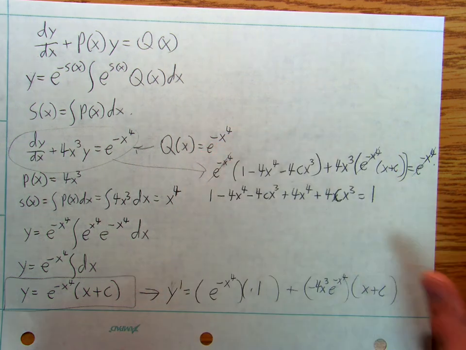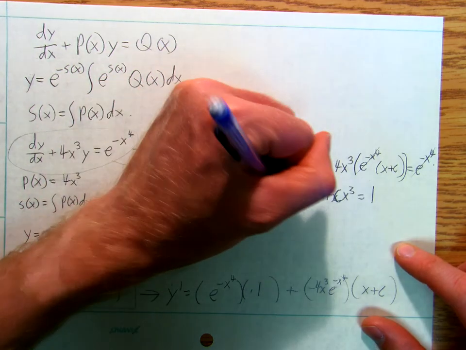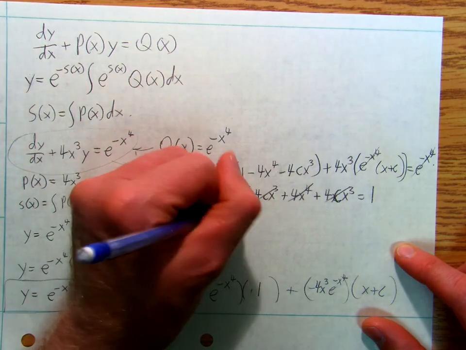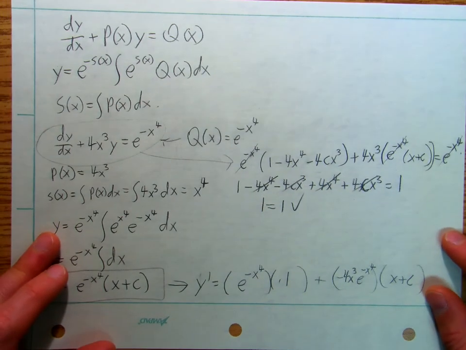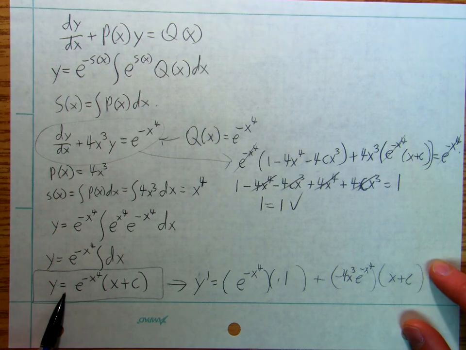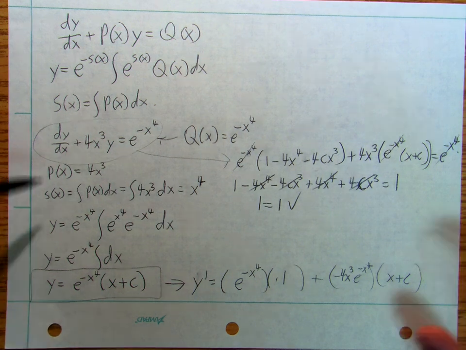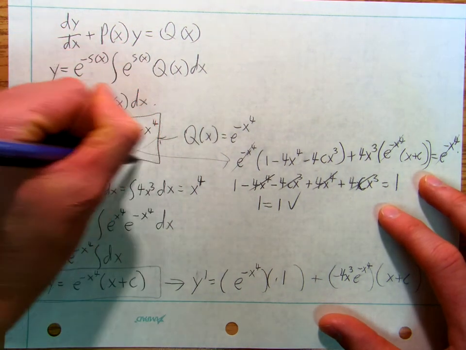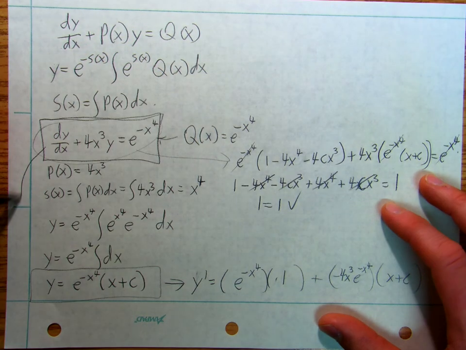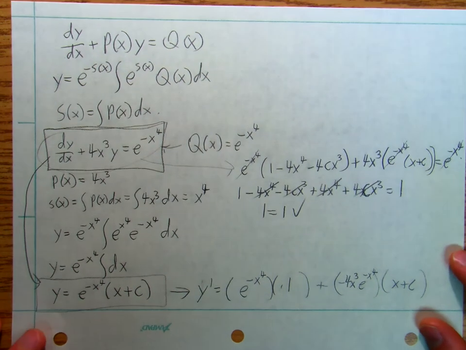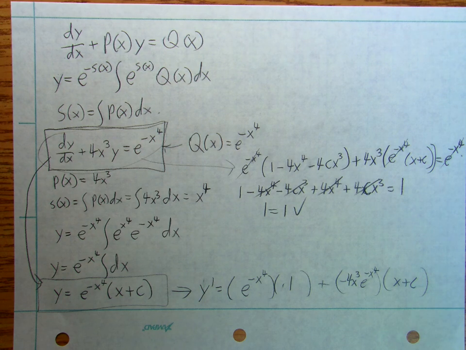There's still a 1 left over there. That cancels that, that cancels that, and I've got 1 equals 1, which is correct. So that is the solution to this differential equation right there, which I kind of buried. Okay, so there's your lesson on linear first order differential equations.